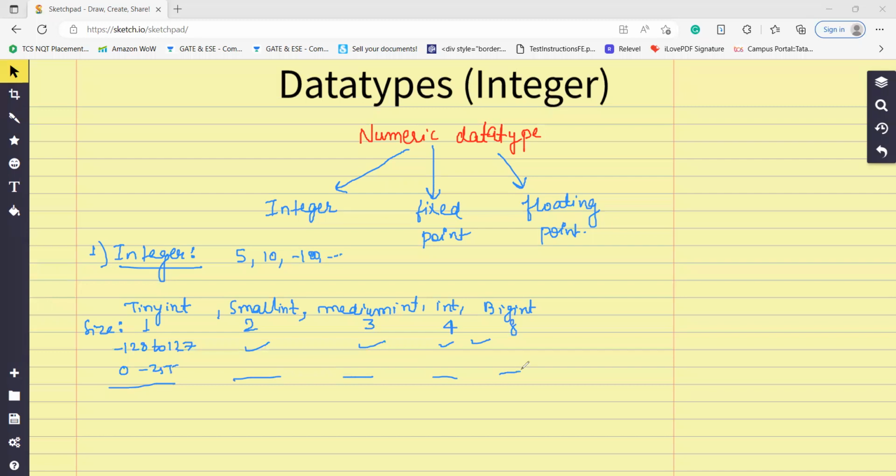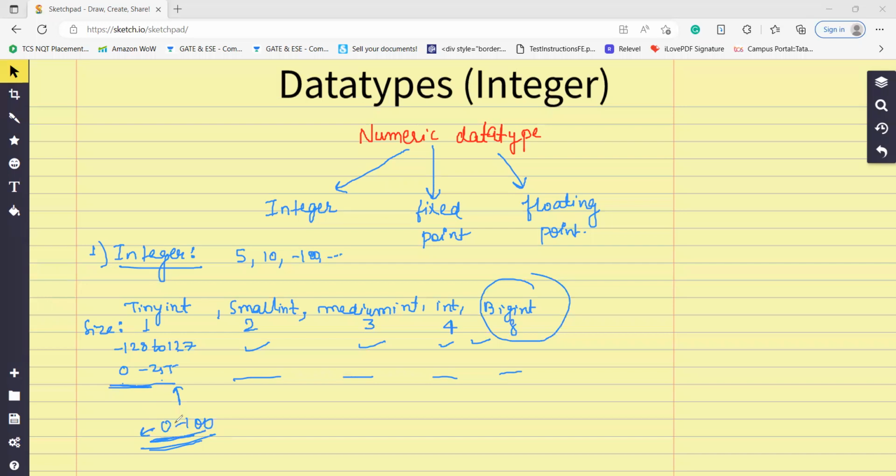So the question is, can't we just go with big int? Why do we have to use all of these? The answer is, what if you have to store a value which only ranges between 0 and 100? In this type of case, we can go with tiny int, because if it is unsigned, we know that it will contain values from 0 to 255.